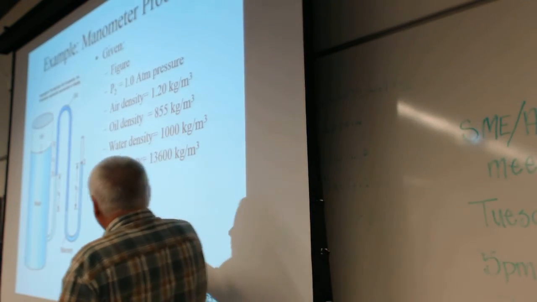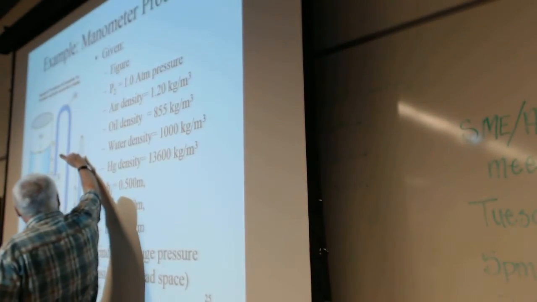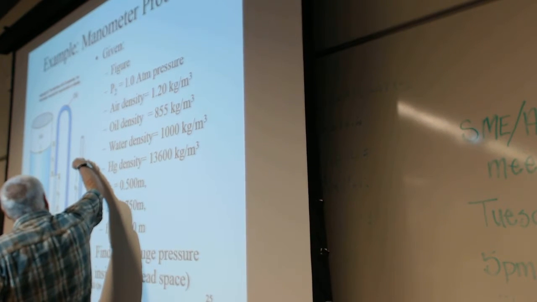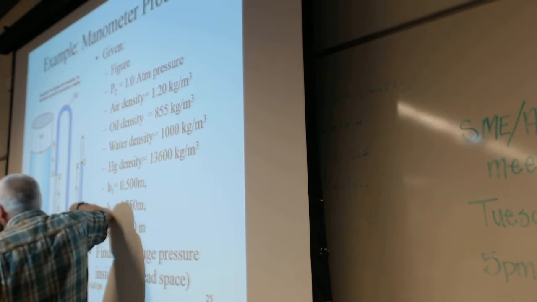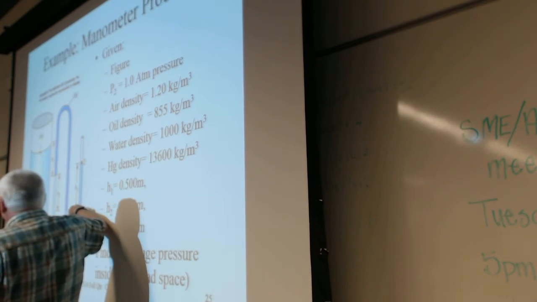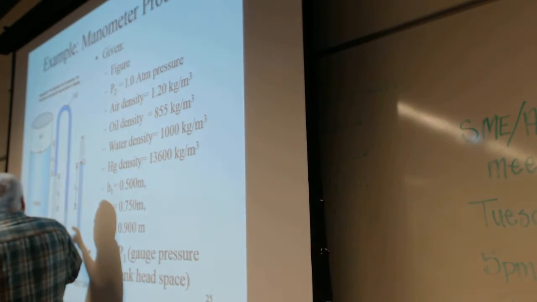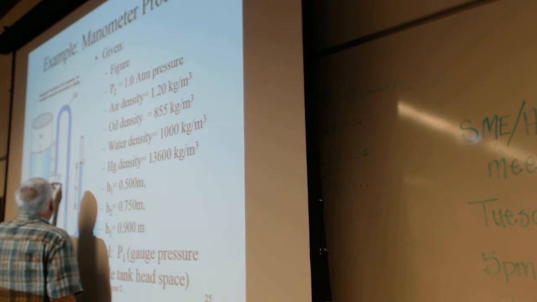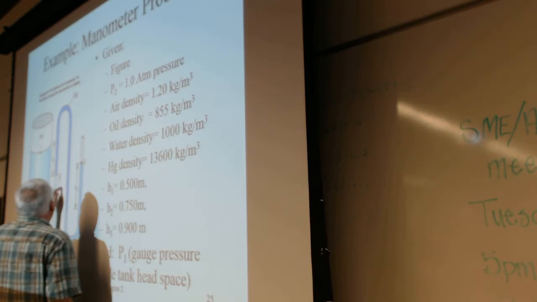So for the mercury, you come down from the pressure I know, and now my H is measured in the negative direction, so the H would be negative. And now for the oil, from this surface it goes around and comes to this, but I have to measure up.